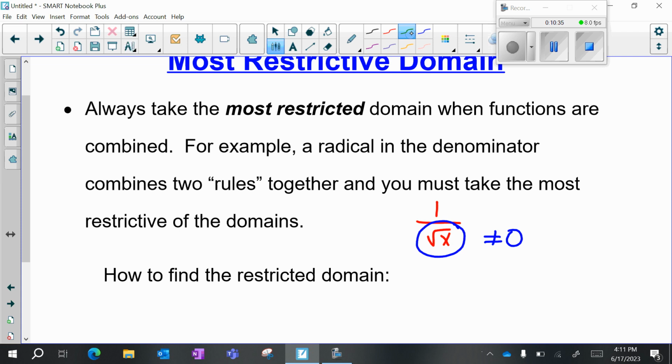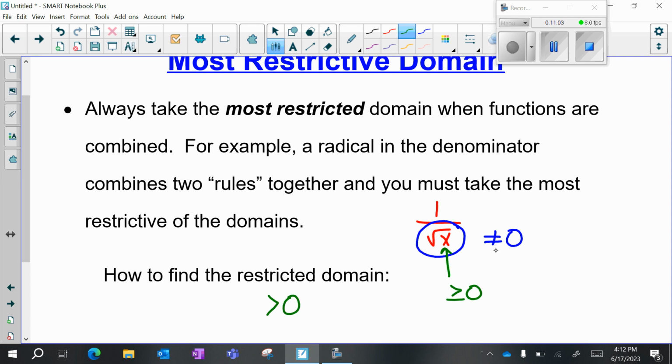And normally, under a radical has to be greater than or equal to 0. But I have to take the most restrictive, so I have to go with greater than 0. Because if I just went with greater than or equal to, it would violate this rule. So I have to combine the two and make it the most restrictive.